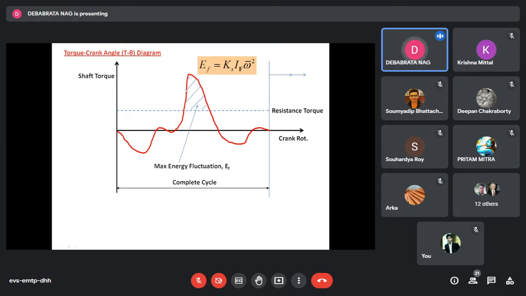Some of the loops will have positive area, some of them will have negative area. The physical meaning of positive and negative areas is what? Suppose we talk about the negative area.